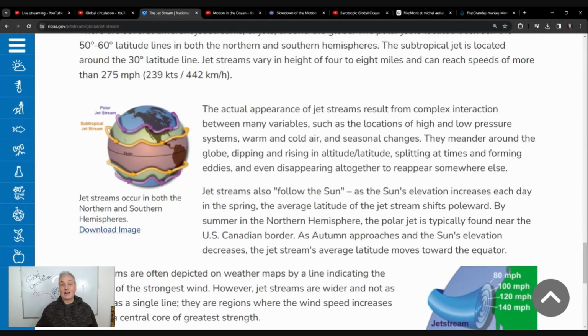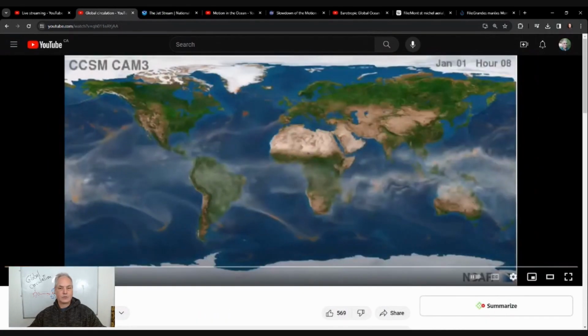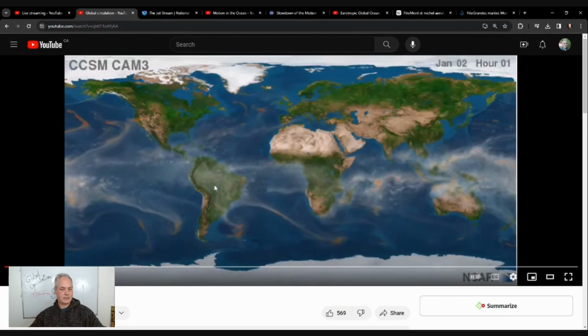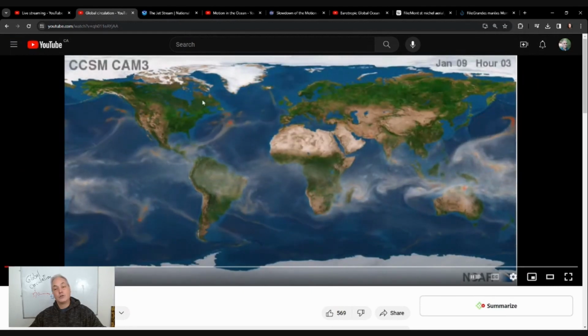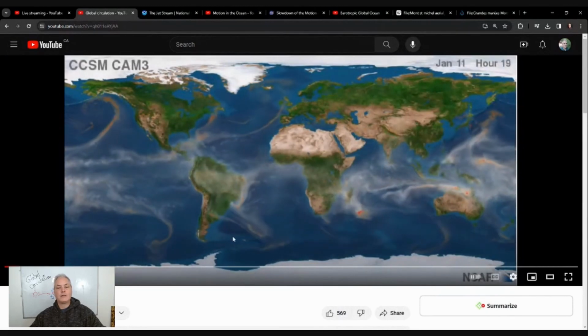Don't forget that air is a fluid and it's not very dense, and therefore we have winds going all over the place. If you look here, you can see the equator, and we have a wind stream to the north and a stream to the south.